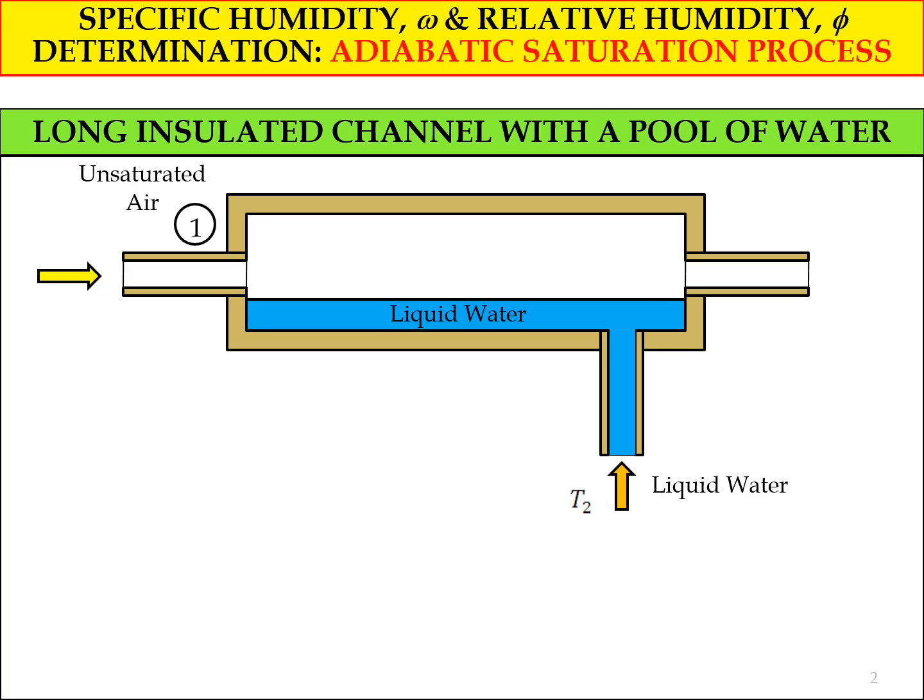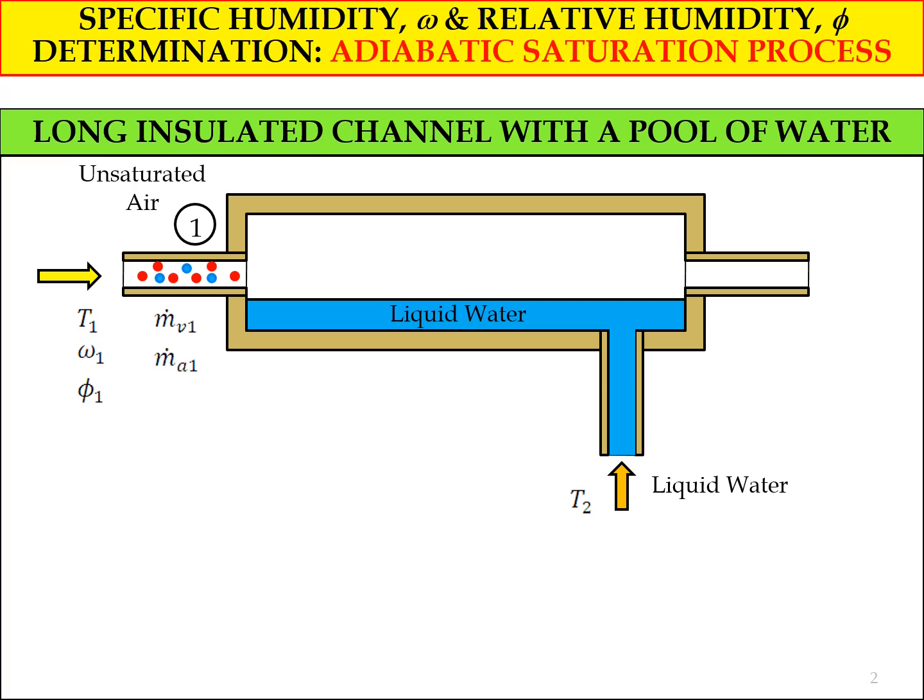The air will enter the inlet of the channel, and the red dot represents the dry air, and the blue dot represents the water vapor. We can see that the amount of dry air is greater than the amount of water vapor, so we consider the state number 1 condition as unsaturated air condition.